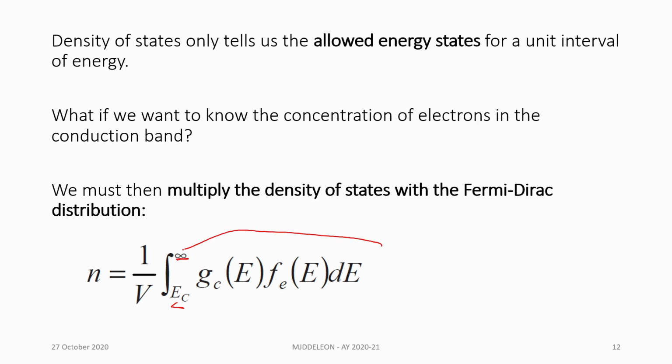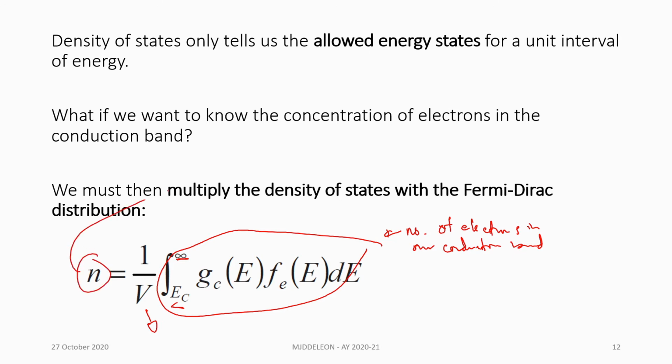So this expression here would give you the total number of electrons in our conduction band. And to get the concentration, we just get the number divided by the volume of your crystal. So we get this one. This is your concentration of our electrons.